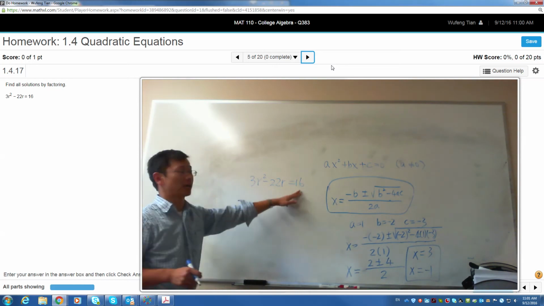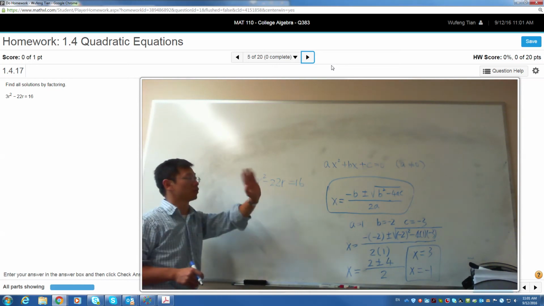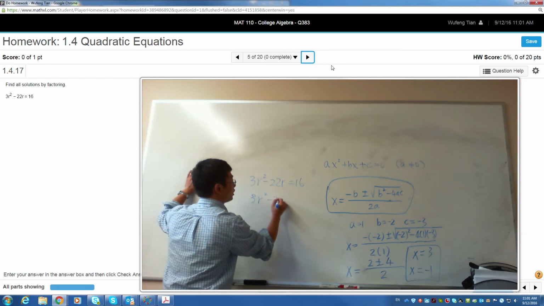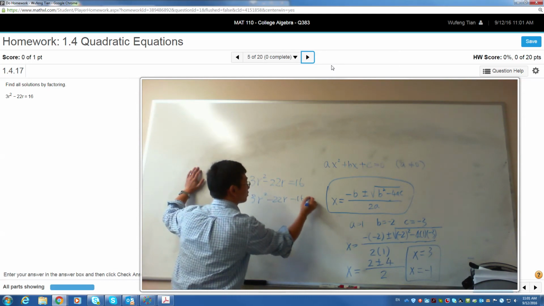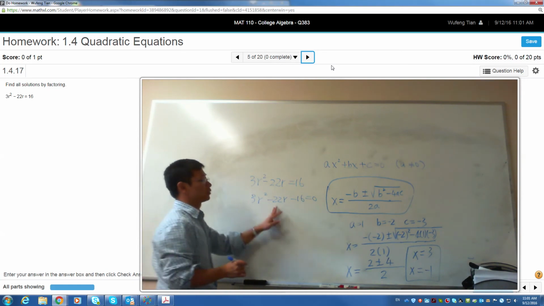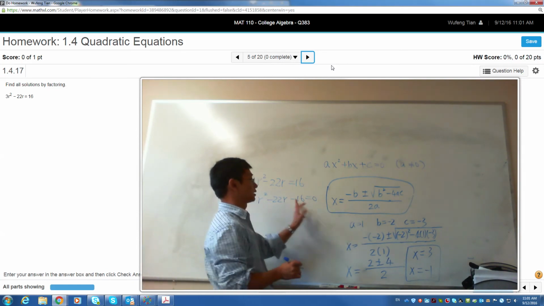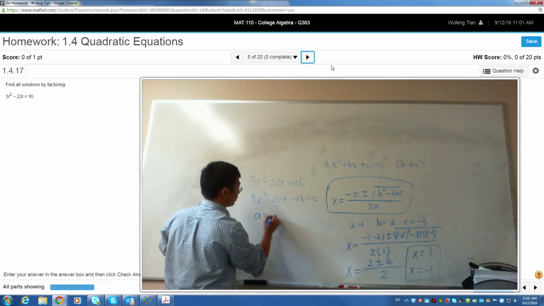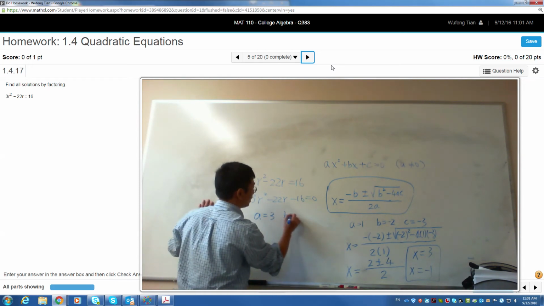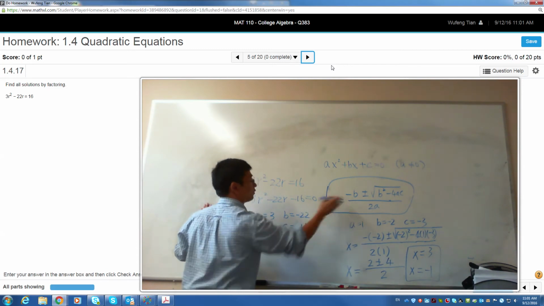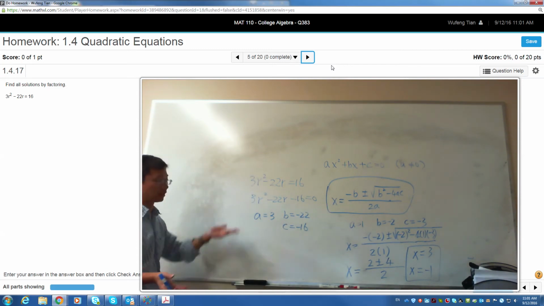So you have to subtract 16 from both sides and make sure the right hand side is 0. So you got 3r squared minus 22r minus 16 equals 0. Now you can use the formula. a equals 3, b equals negative 22, c equals negative 16. Plug into the formula, use a calculator and find the solution.